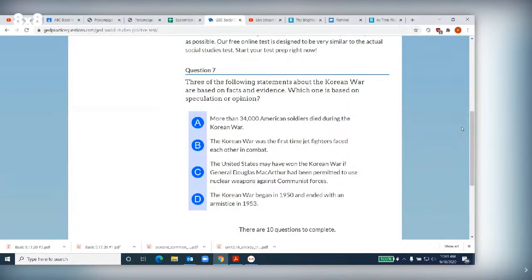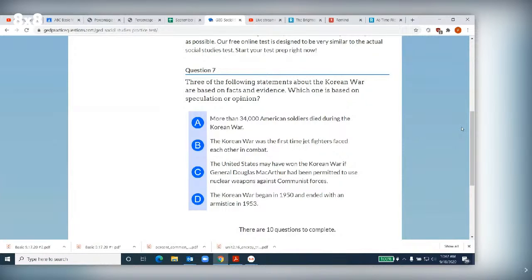That's true, that's provable. The United States may have won the Korean War if General MacArthur had been permitted to use nuclear weapons against communist forces. That never happened, so we don't know. And the fourth one, the Korean War began in 1950 and ended with an armistice in 1953. That's a fact. So A, B, and D are facts.